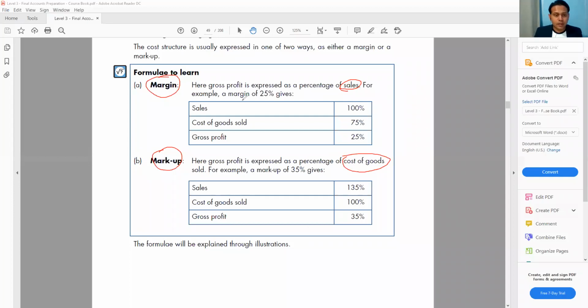And after that, you need to remember: margin means sales is 100%. Markup means sales is 130%.